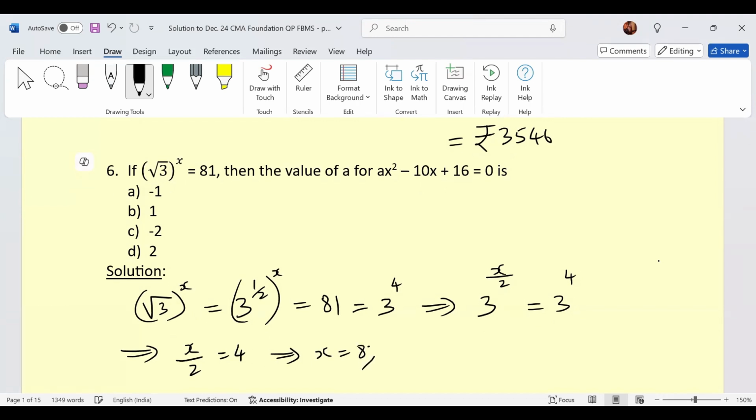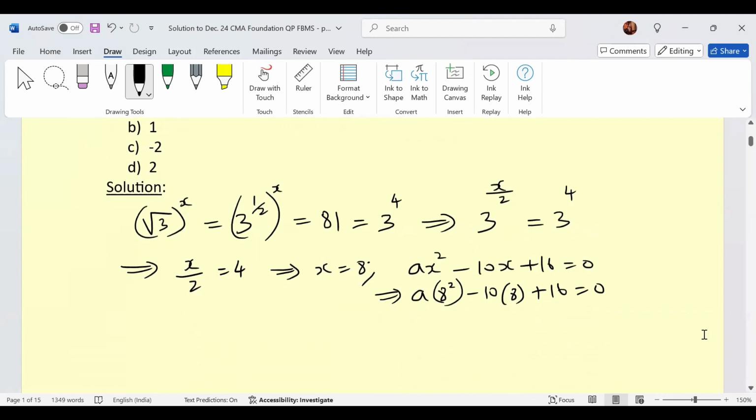Which means ax square minus 10x plus 16 equal to 0 will become a times 8 square minus 10 times 8 plus 16 equal to 0.